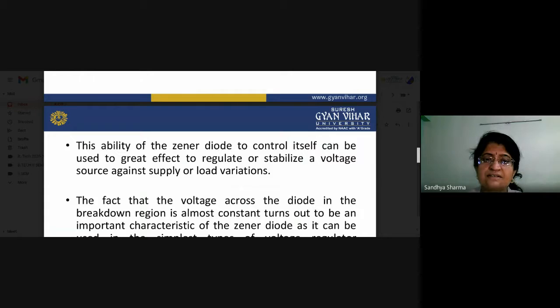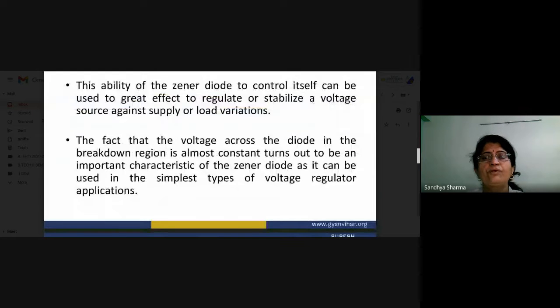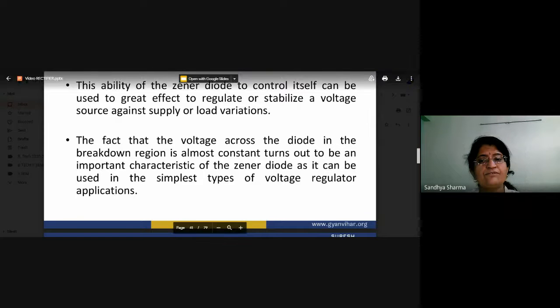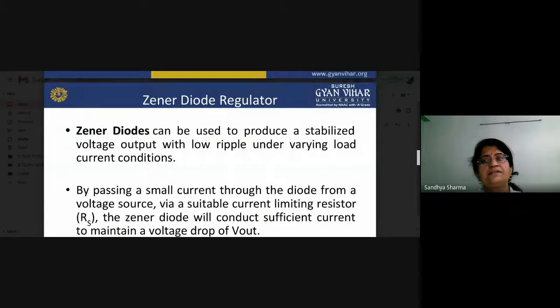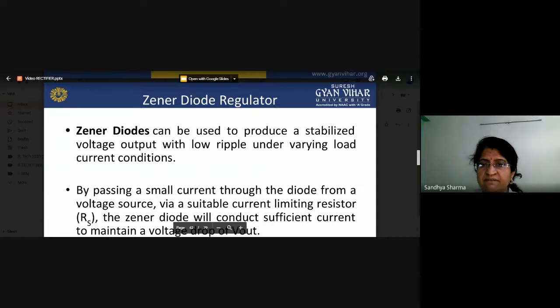The fact that the voltage across the diode in the breakdown region is almost constant makes it useful in voltage regulator applications. So the Zener diode regulator is used as a stabilizer in our PV mini devices.